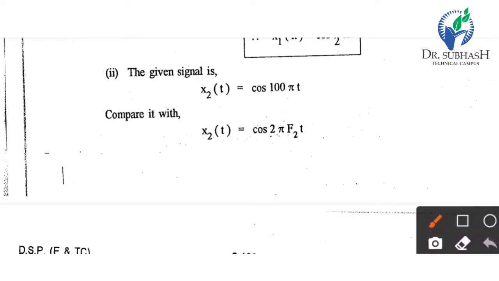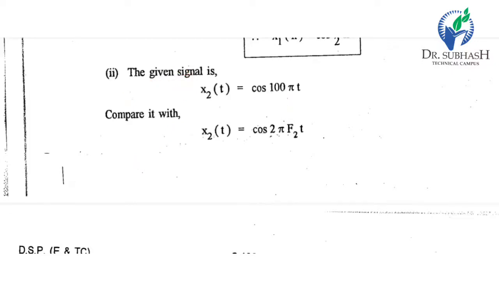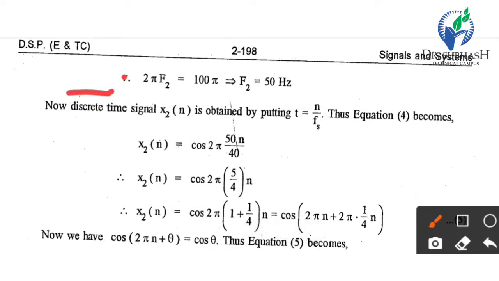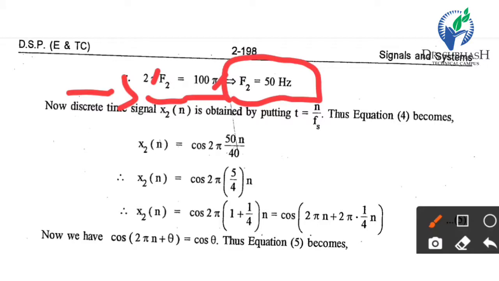We compare with the standard signal x2 of t equal to cos 2 pi f2 t. So 2 pi f2 equal to 100 pi. Pi cancels, 100 divided by 2 means 50 Hz. So we get f2 equal to 50 Hz.